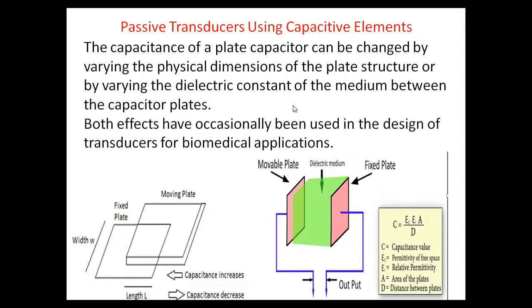Coming to the next type of classification in the passive transducers, which is based upon the capacitive element. The properties of the capacitive elements are used for development of the passive transducers.